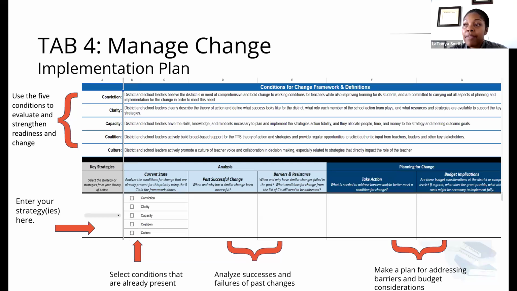Clarity: can leaders and staff clearly describe what will change and why? Capacity: do they have the skills, knowledge, and resources needed? Coalition: is there a strong base of advocates and supporters? And culture: is the organizational environment supportive of innovation and improvement?